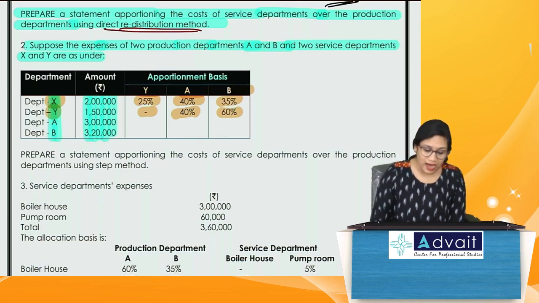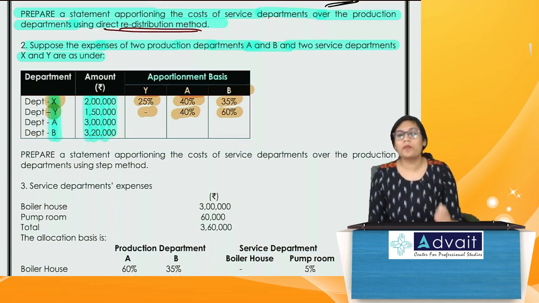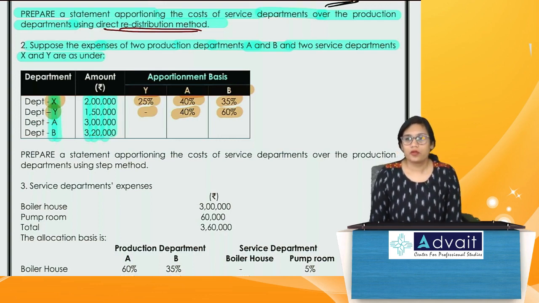Guys, what do we understand from this particular problem? What do we understand about the relationship between X and Y from the given table?